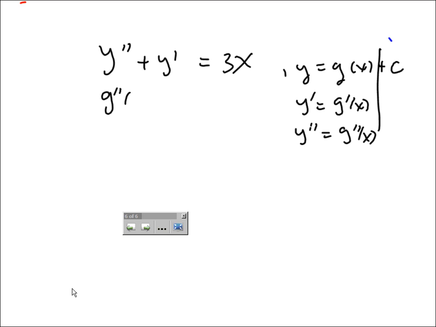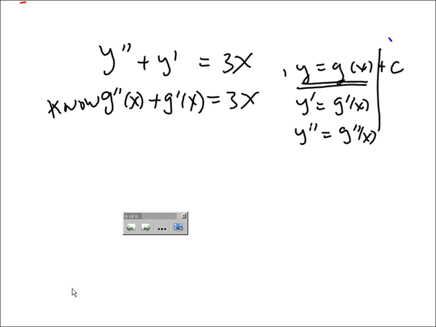That is, g double prime of x plus g prime of x is 3x. We know this because y equals g of x is a solution.